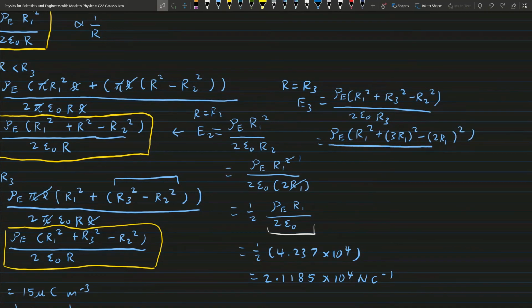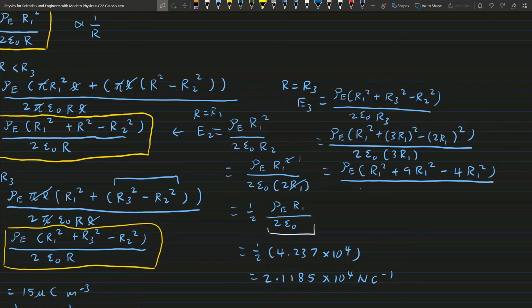Now let's divide by 2 epsilon naught and this is 3R1. So R1 square plus 9R1 square minus 4R1 square over 2 epsilon naught 3R1.